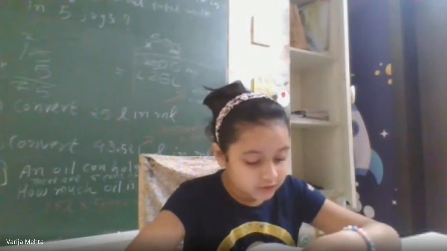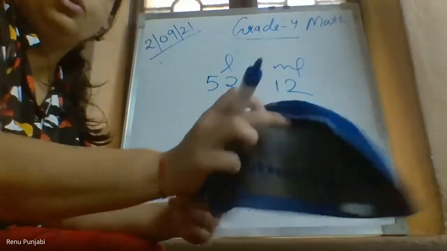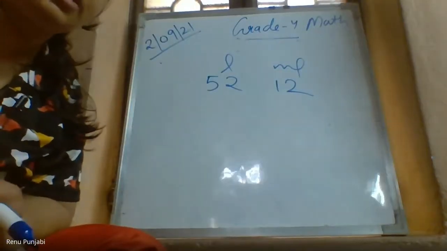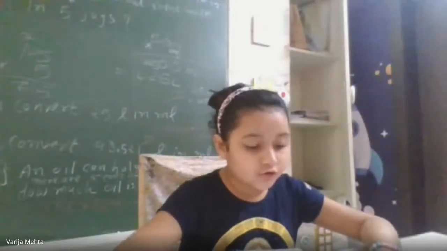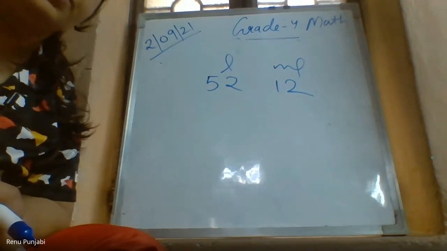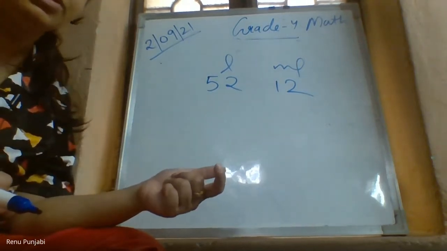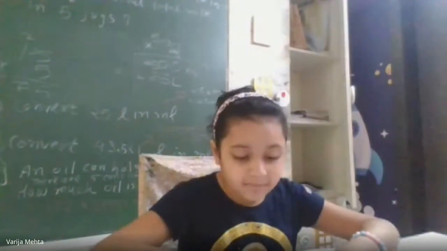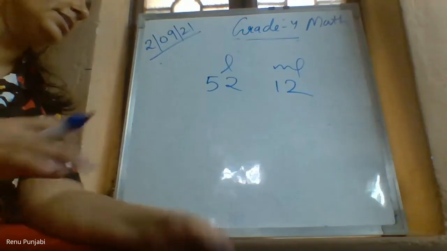Convert into liter. No conversion. We are doing operation sums, either multi-word problem sums, either multiplication, either based on addition or subtraction. Ma'am, I have multiplication sums. Yes, tell me.